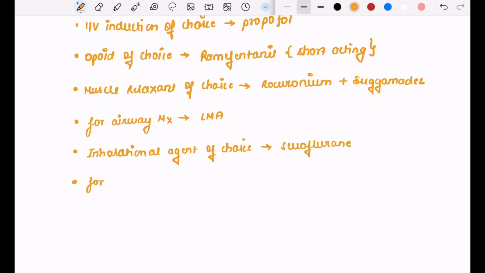For total intravenous anesthesia, we use propofol.